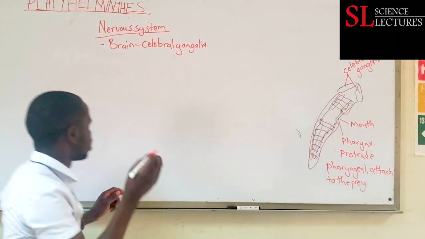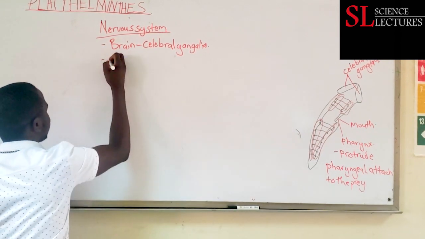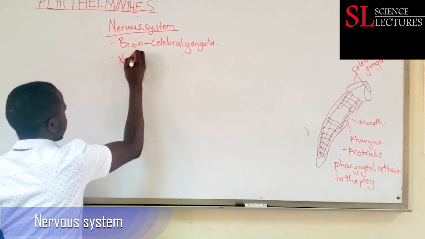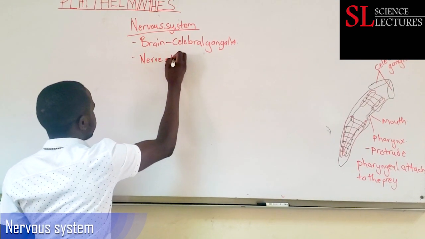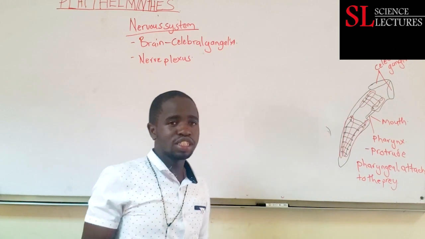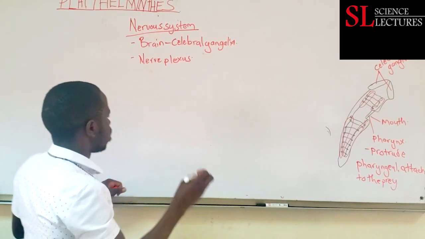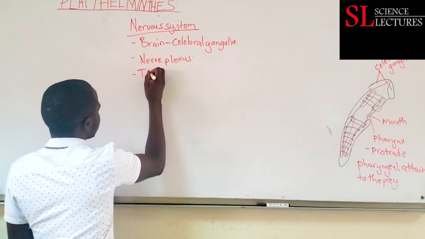On top of that, some organisms also have a nerve plexus. This is a nerve net, similar to what we saw in cnidarians. Still, these ones have transverse nerves.